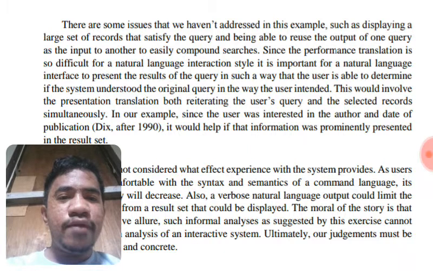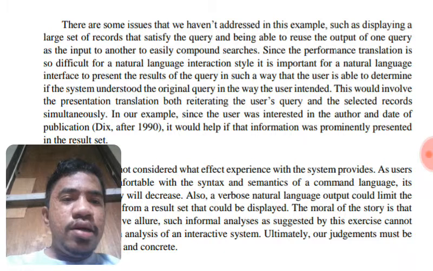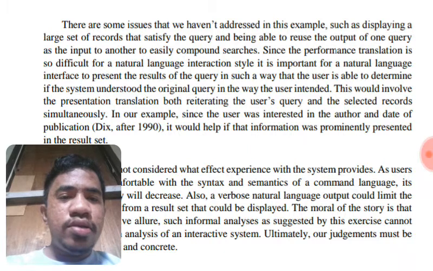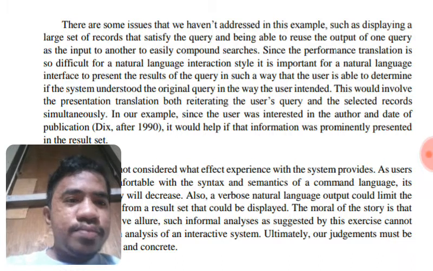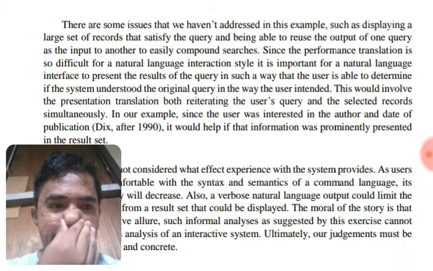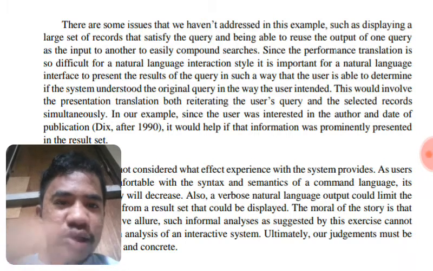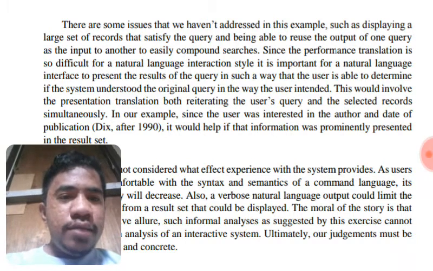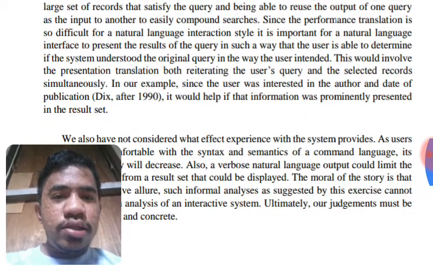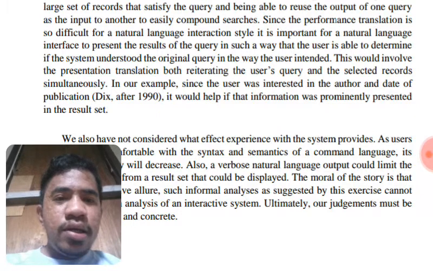Since the performance translation is so difficult for a natural language interaction style, it is important for a natural language interface to present the result of the query in such a way that the user is able to determine if the system understood the original query in the way the user intended. This would involve the presentation translation reiterating the user query and the selected records simultaneously.